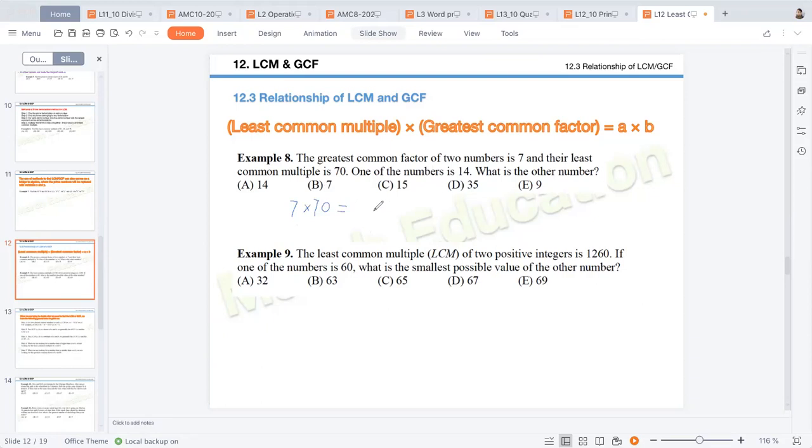So the product of the two numbers is 14 times x. So I know x equals 7 times 70 divided by 14. So the answer is 35. So it's D.